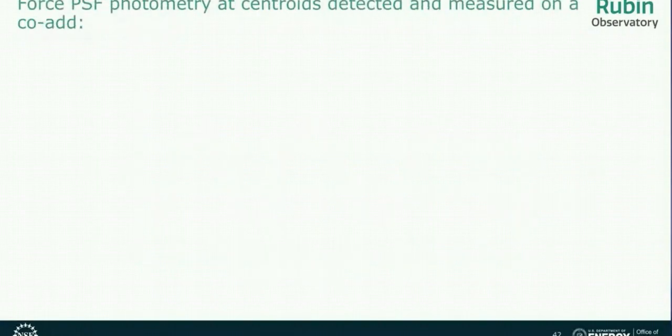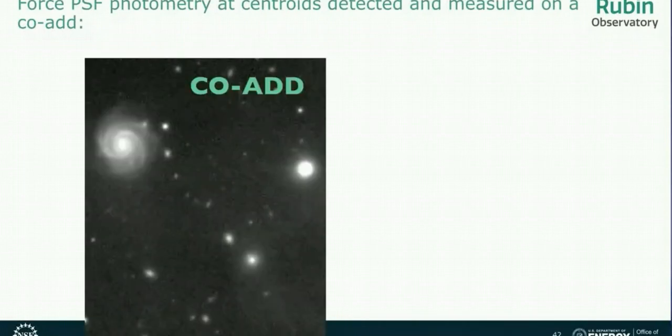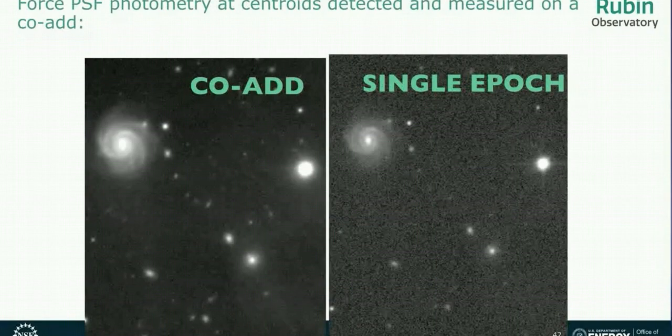So what we do instead is forced photometry by measuring the centroids on the deeper coadds and then forcing PSF photometry at those locked centroids and recording the PSF flux measured there.